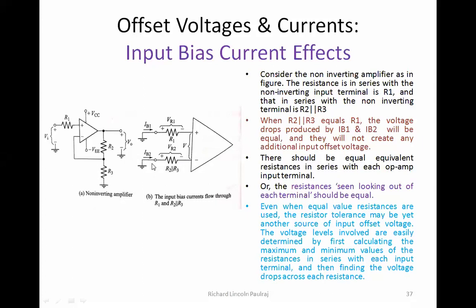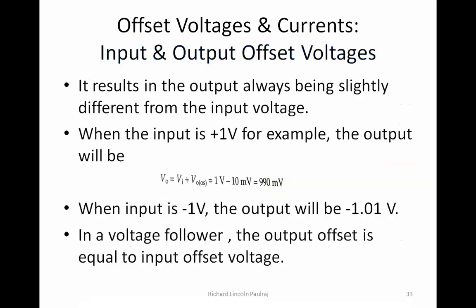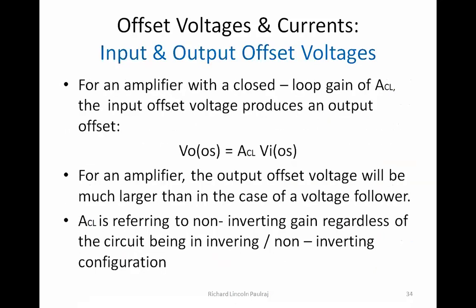If both potentials are the same, because they are equal and opposite, they cancel each other out and there is not going to be any difference across the output. This is an ideal op-amp, but practically this doesn't happen. Even though there are currents, different amounts of currents can cause drops across the resistance.